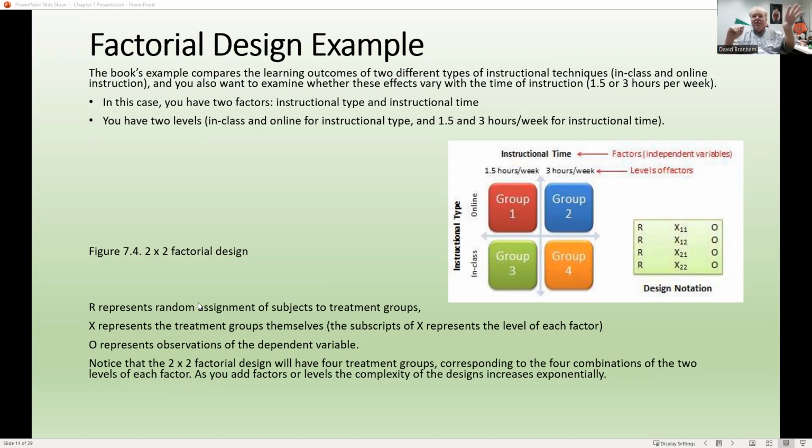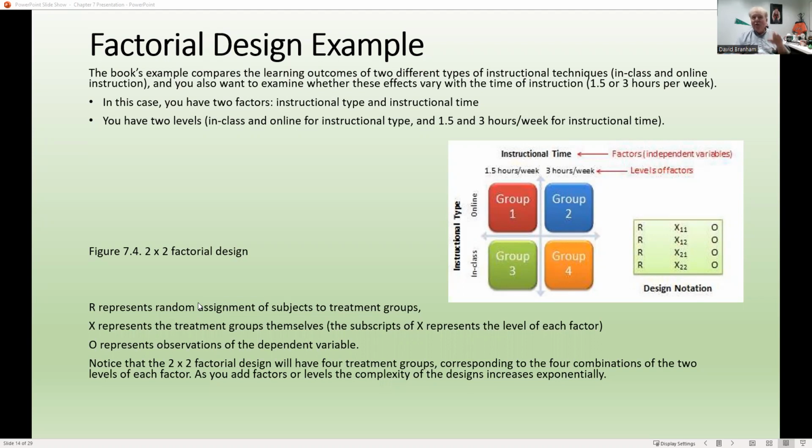That's the first factor. Then you want to examine whether these vary by length of instruction, 1.5 hours a week compared to 3 hours per week. This is pretty close to a lot of UHD classes, hybrid versus fully face-to-face and so forth.